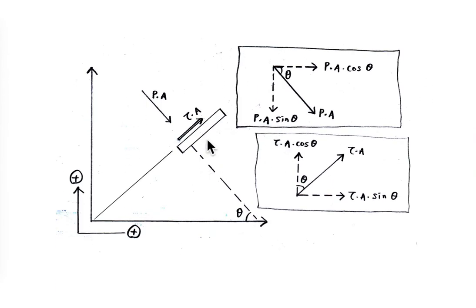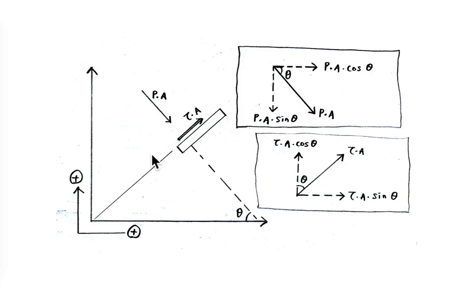So then we need to combine these both forces. For example, we have one small area like this, located inclined at a certain angle. The force from pressure will act perpendicular to the surface, and we could draw its arrow like this. That force can be written as pressure times area.